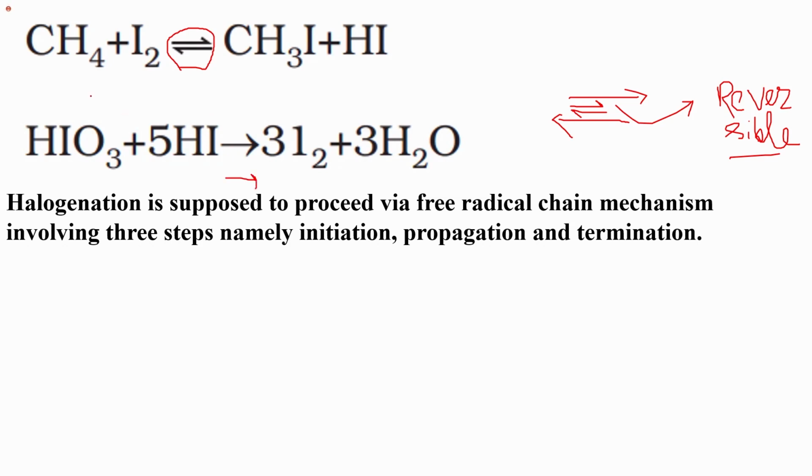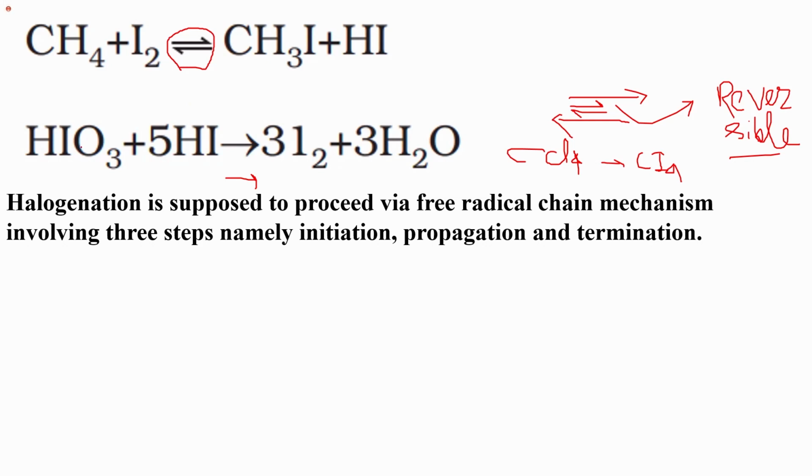Now you can see, when you have a methane molecule and an I2 molecule, you get CH3I. You are not going to CI4, whereas in chlorination you actually end up getting CCl4. In the same way we could also end up getting CI4, right? But here it is not possible because of the reversibility. The moment it forms CH3I and HI, it again comes back to the starting materials, CH4 and I2.